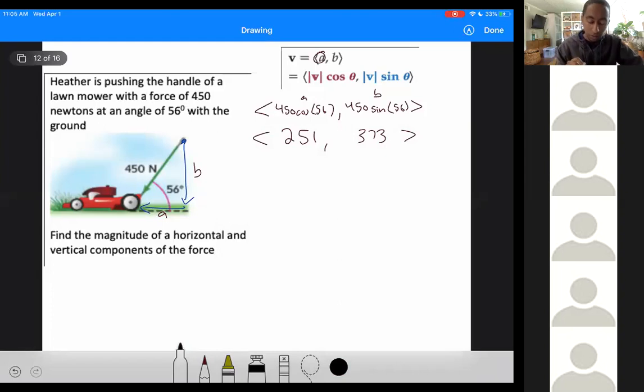So that means that the force at which is being pushed down, 373 newtons. Force at which is being pushed left, 251 newtons. Okay. So that's how you would find out.